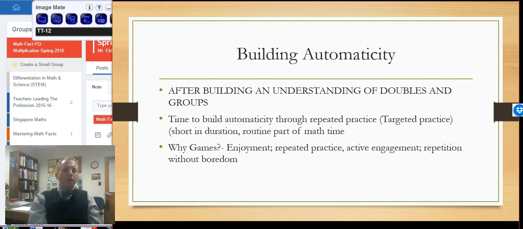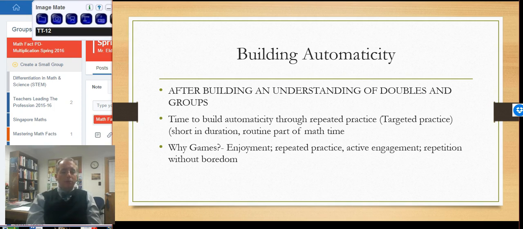One thing we have to be careful about is not trying to build automaticity too quickly. Especially when working with younger kids or kids that just don't have a picture of what's going on, jumping to making it automatic and math fact practice sheets and those kind of things can really throw some kids off.